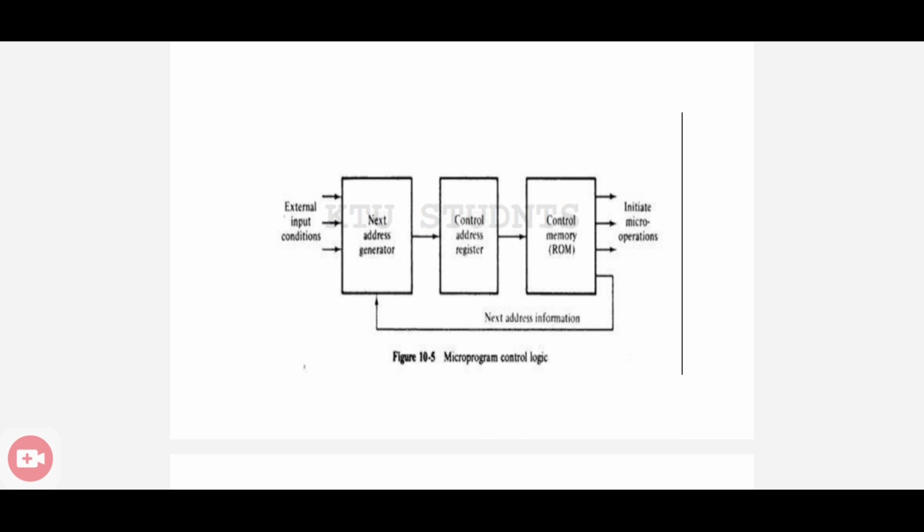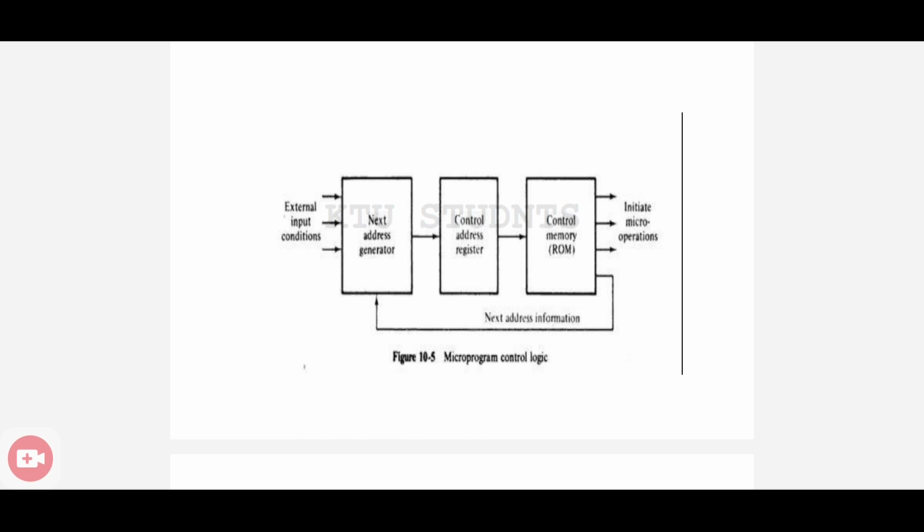The content of this control memory is known as a control word, or a micro instruction.